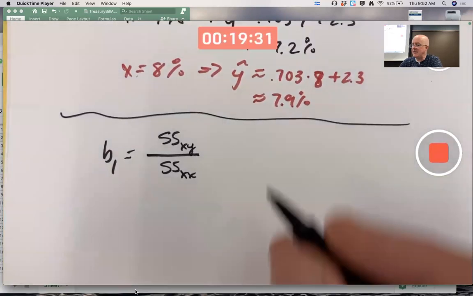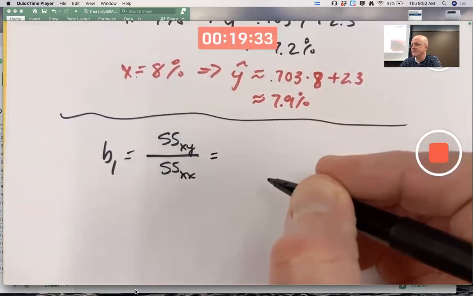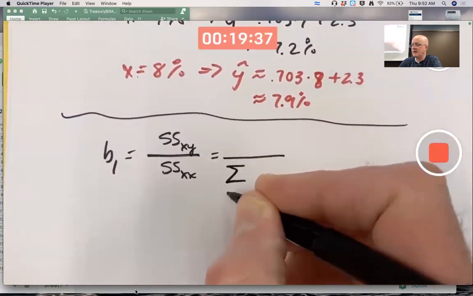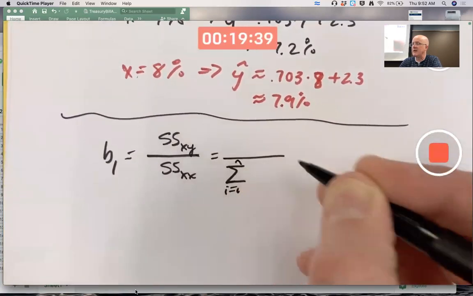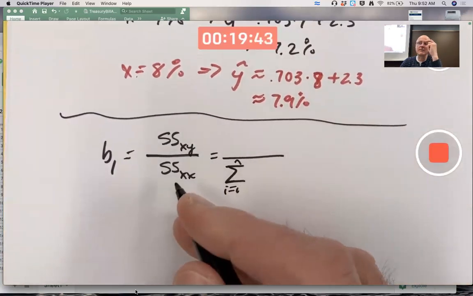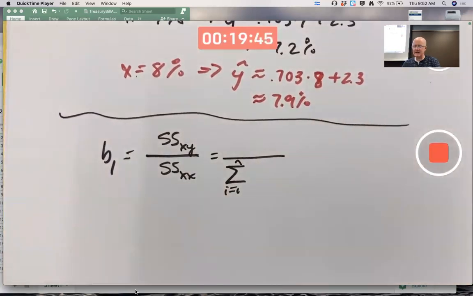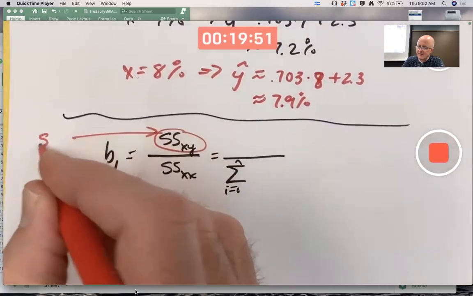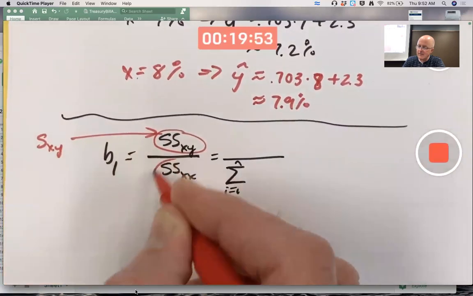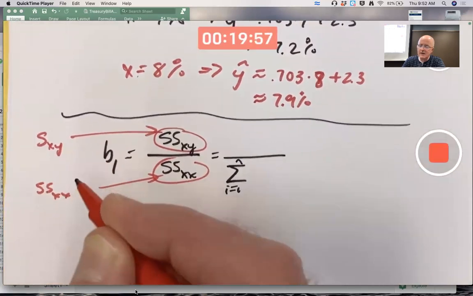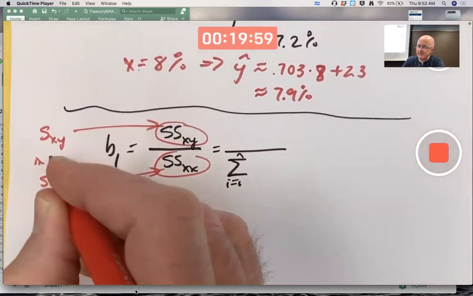Now, the definition of those symbols is as follows. For SSXX, SS stands for sum of squares. By the way, the book just uses one S. This is in the text.